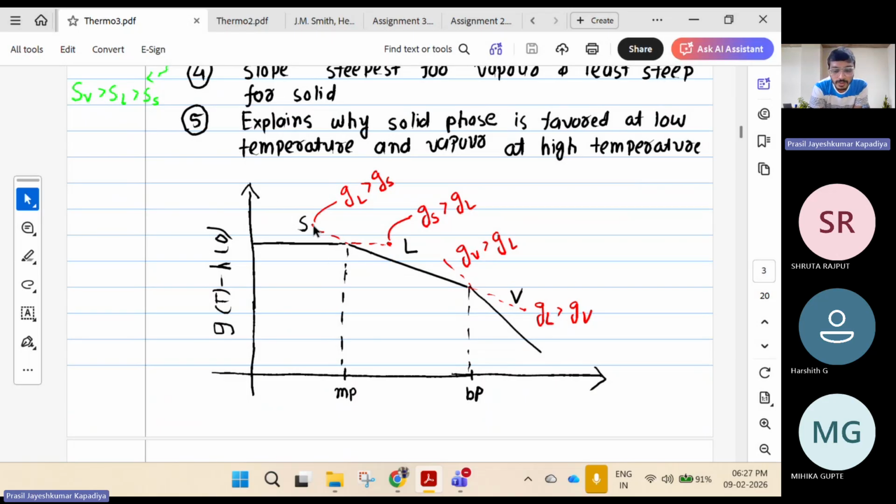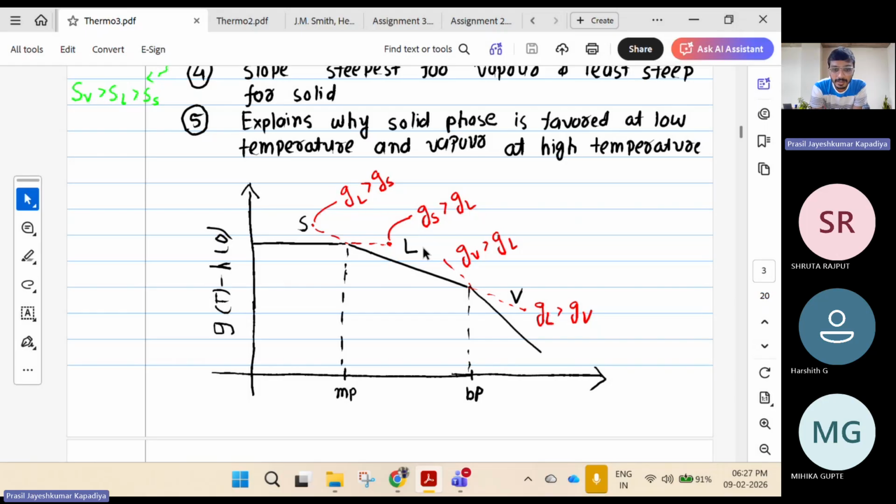So let's say you are here. What does this mean? You are here, meaning this is the liquid curve that we have extended. So what does this mean? That at this point, the liquid Gibbs free energy is greater than the solid Gibbs free energy. So that is not possible.